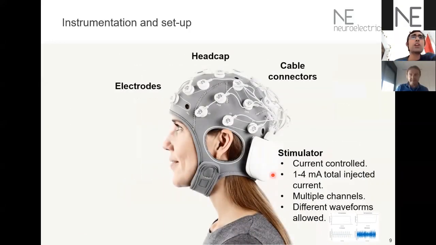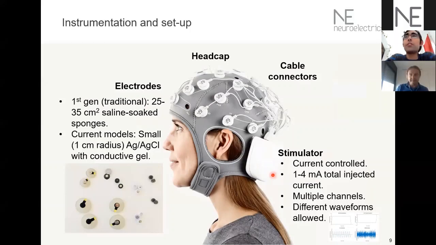Regarding the electrodes, the first generation of electrodes, the first electrodes that people started using in this technique, were large saline-soaked sponges. The areas were between 25 and 30 to 35 square centimeters.